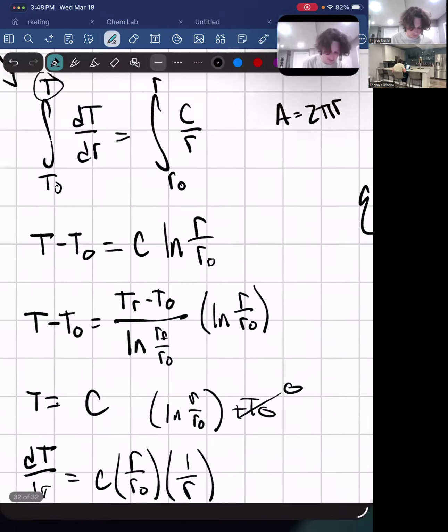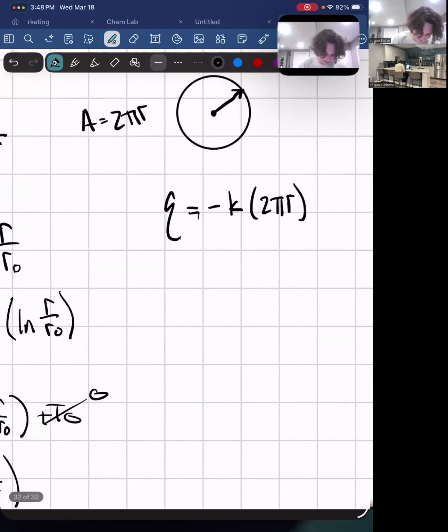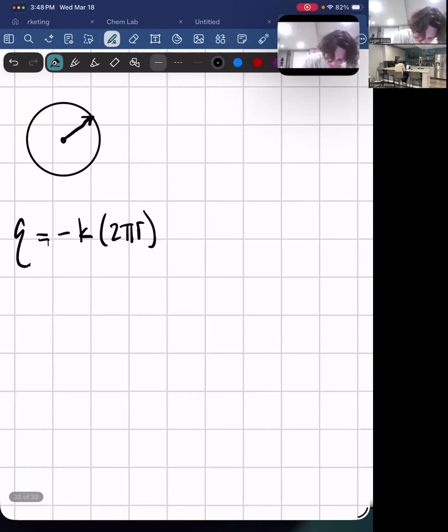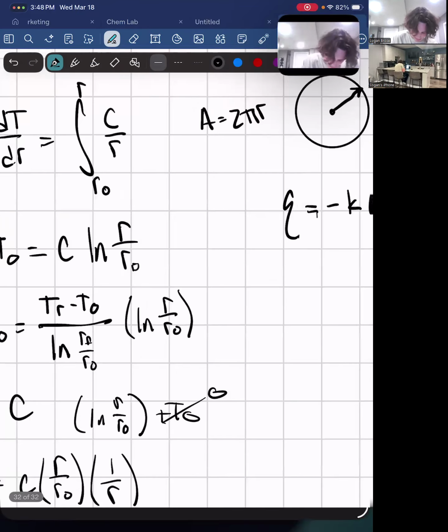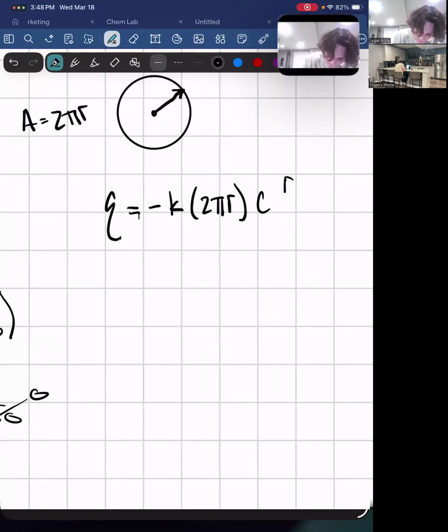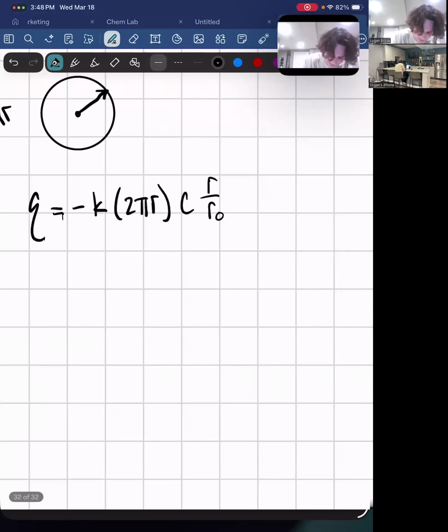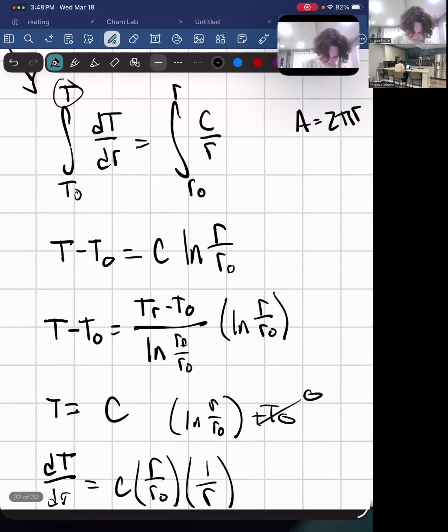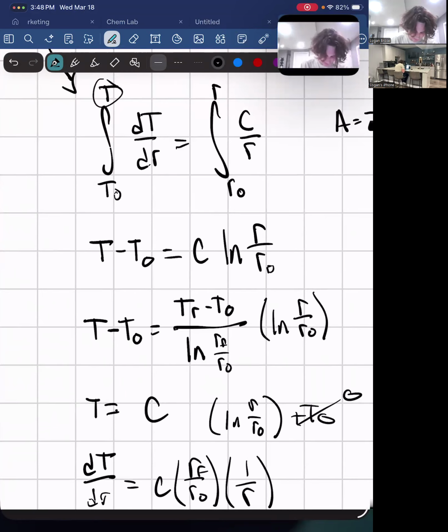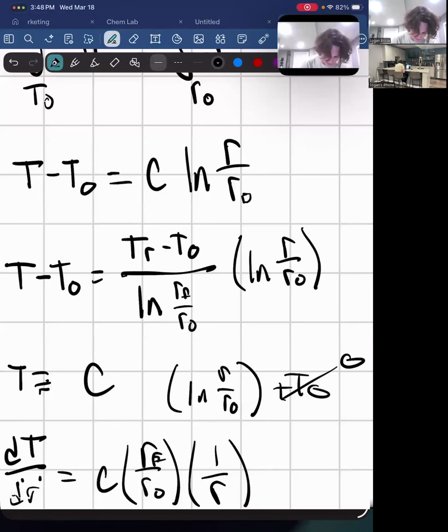And then dT/dR we found down here is our C R over R naught, or R final. Wait, yeah, this should be an R final. No. So this actually should be R naught over R, and this is an R naught.